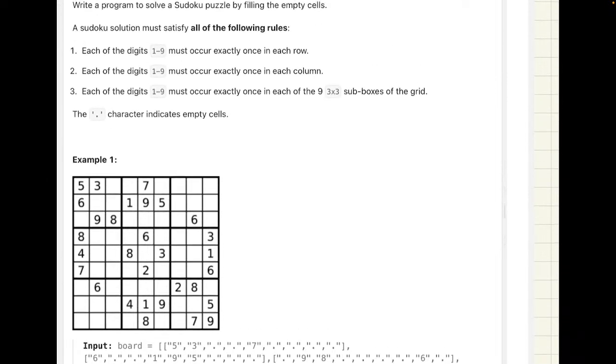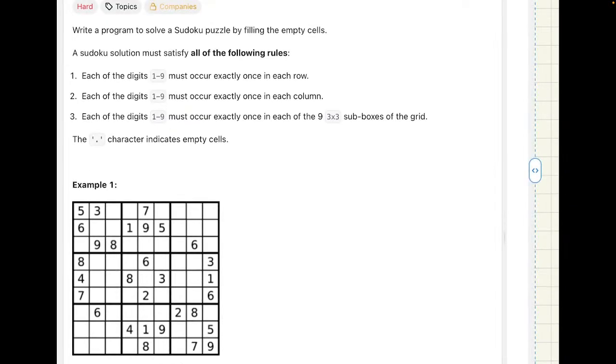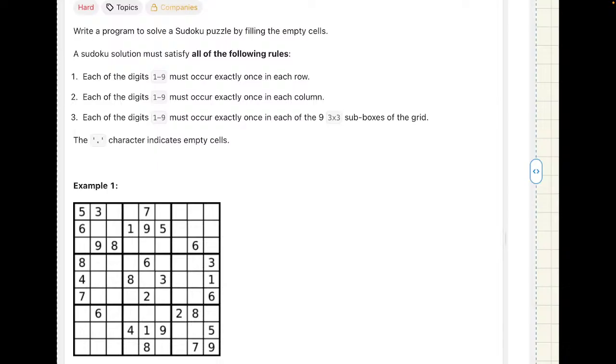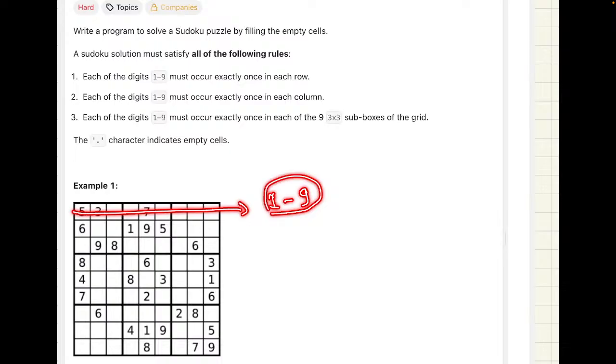A Sudoku solution must satisfy all of the following rules. It's better to read all the rules first. The first rule says each of the digits 1 to 9 must occur exactly once in each row. So let's say this is the row. Each of the digits from 1 to 9 must appear once.